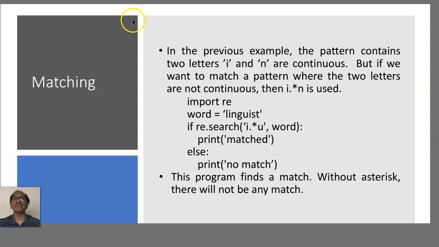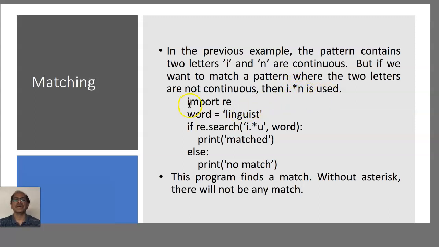In the previous example, we have seen that the pattern contains two letters, I and N, which are continuous. But if we want to match a pattern where the two letters are not continuous, then we will use I dot star N. Star is the asterisk.